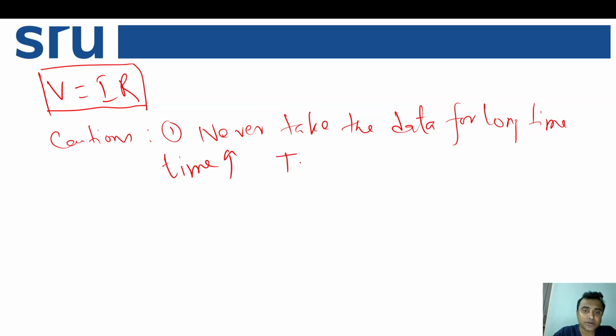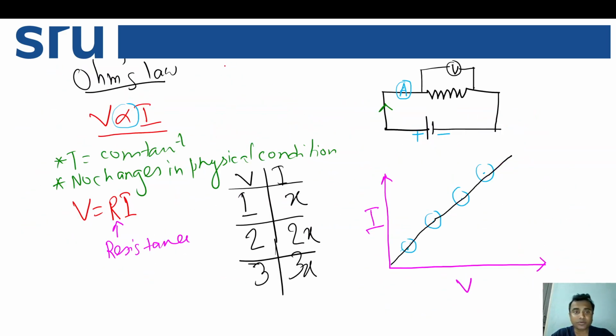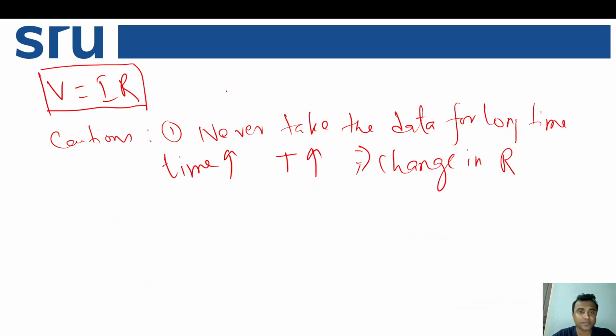The temperature of the conductor will also increase, and this will create a change in the resistance. This will create a change in R. So R will not be constant. So in the very beginning, if we remember correctly, the temperature should be constant in nature, right? So that should be there.